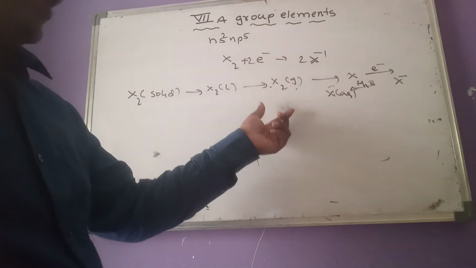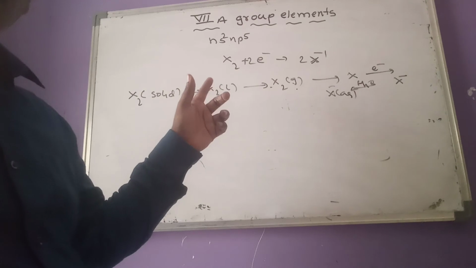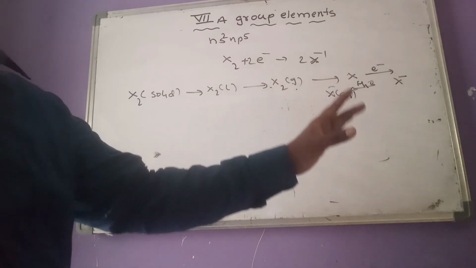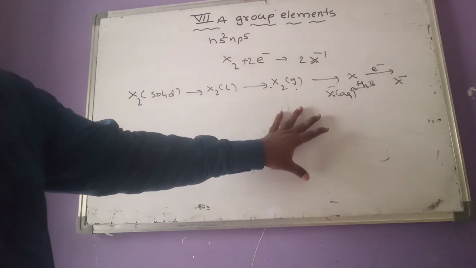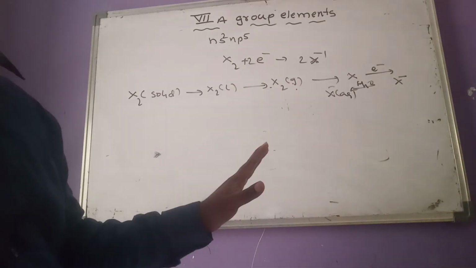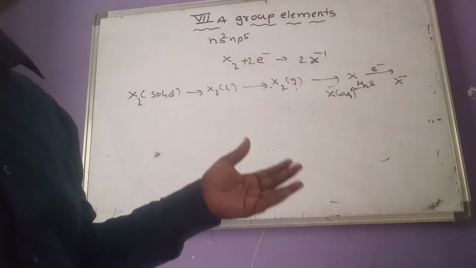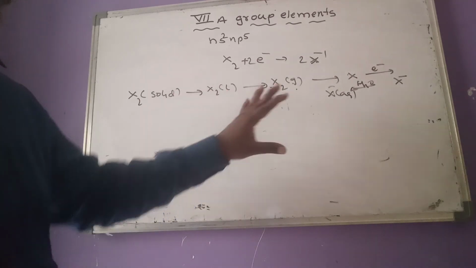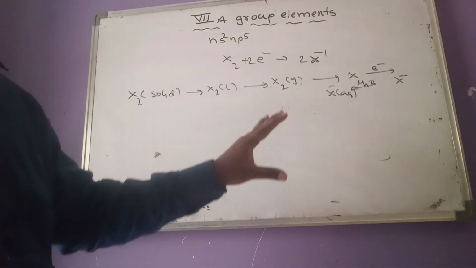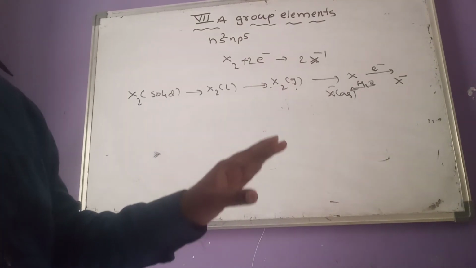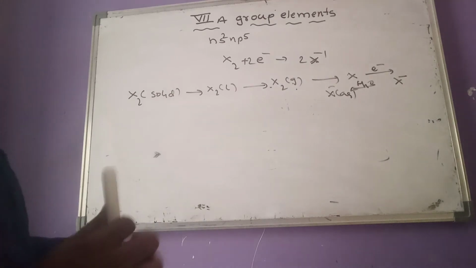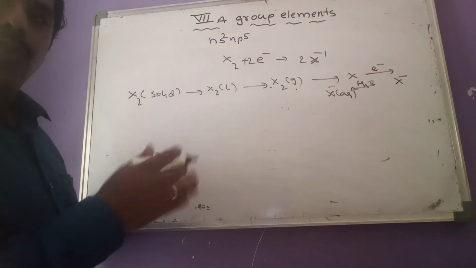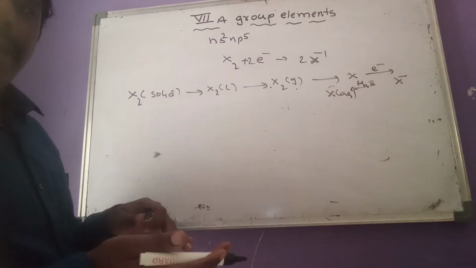So if any halogen tries to gain one electron, this total process has to take place. Now in this total process, the halogen having the more negative enthalpy, that means the one in which more energy is liberated, is said to be the strong oxidizing halogen. So first let us see in which of these steps we are losing energy and in which step we are gaining energy.